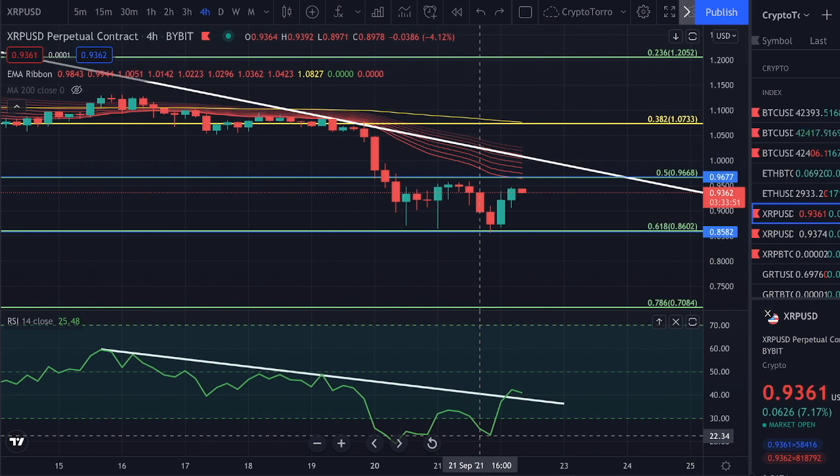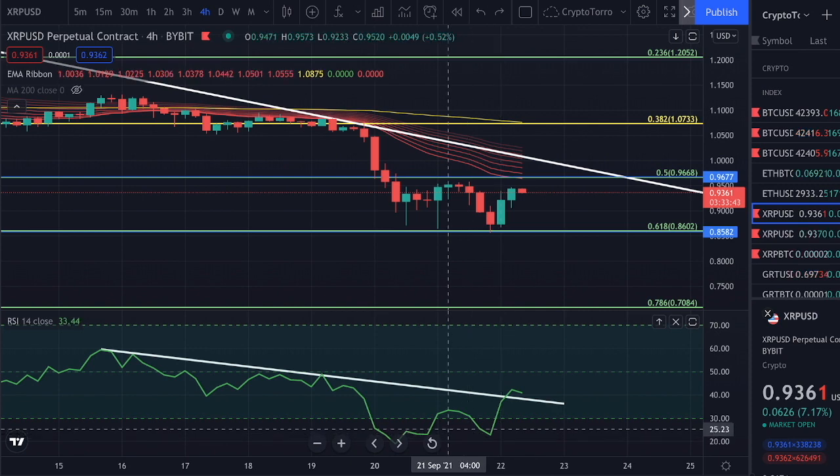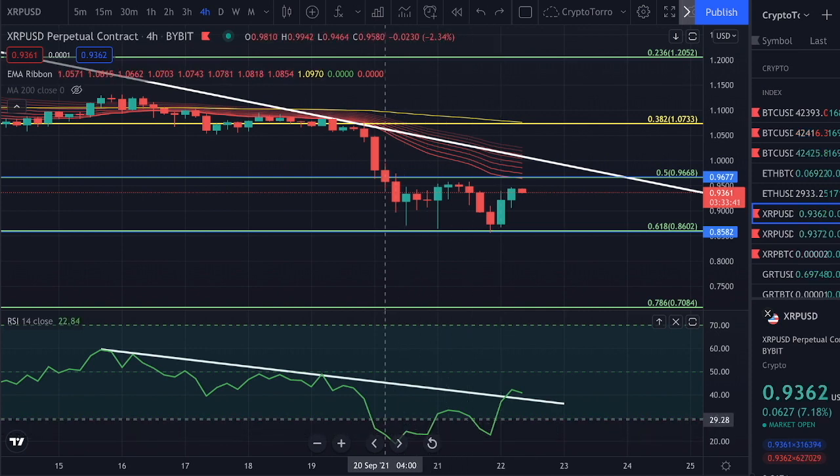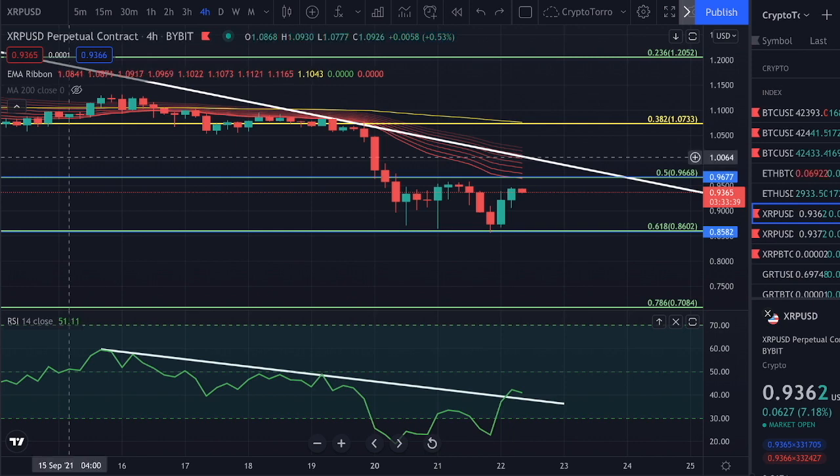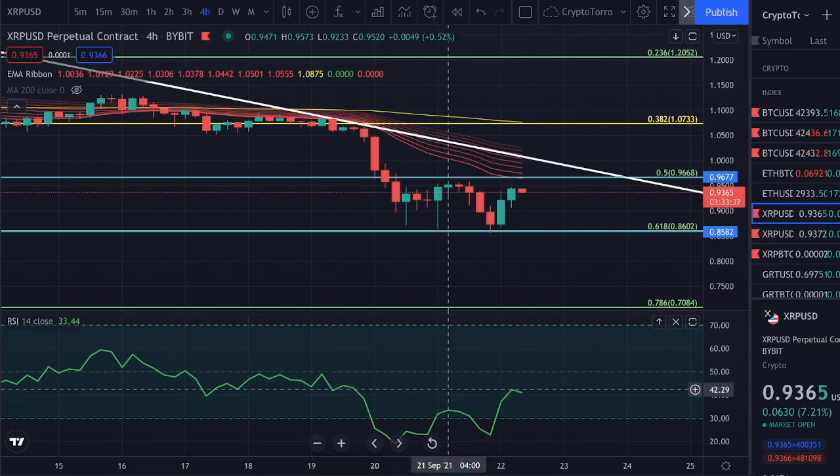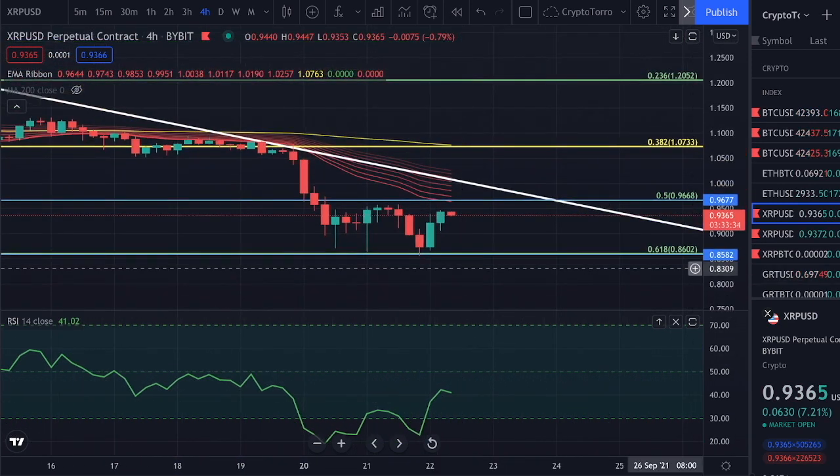For sure, this is of utmost importance, and what I think is also very good to know is that on the 4-hourly time frame, I would actually call this a bullish divergence. It's a slight one, I know, but we are spotting something of utmost importance on both the chart and the RSI.